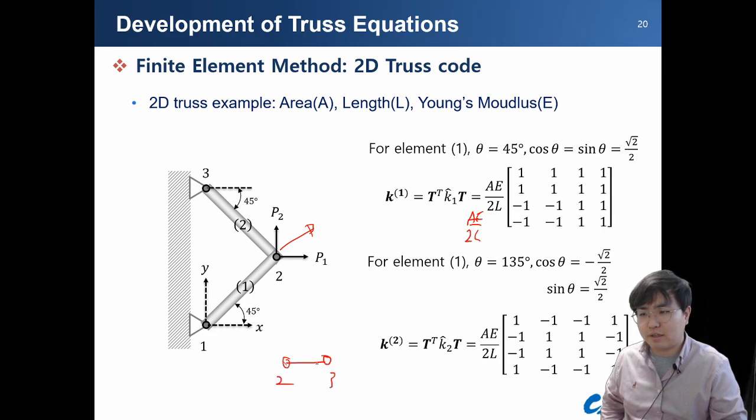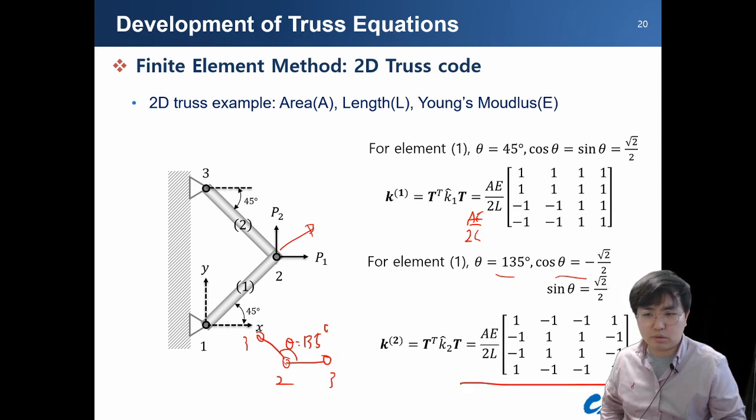This is our basics. The total rotation angle is 135 degrees, so cosine theta is 1 over root 2 and sine theta is 1 over root 2, and the rotated, transformed local stiffness matrix looks like this. And then how can you assemble it?